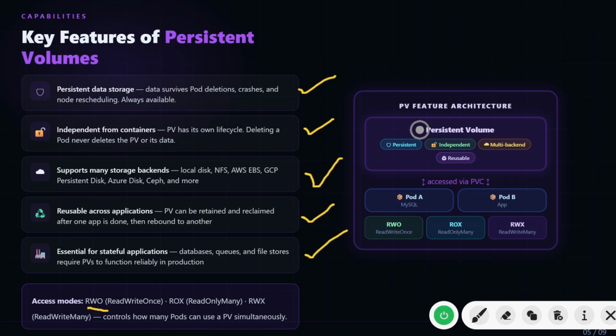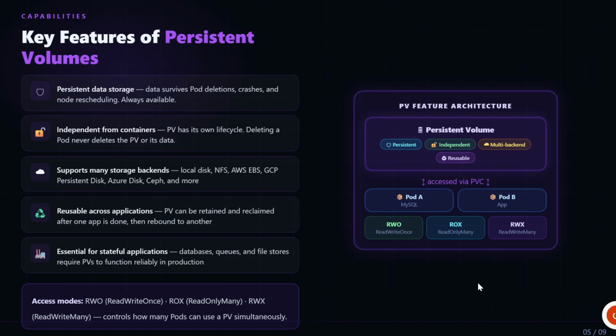Now this is an overview of the points we have covered: persistent volume features are persistent data, independent, multi backend, and reusable across applications or pods. It can be accessed via the PVC, and the persistent volume claim is attached in the pod. And as I said, these are the modes: read write once, read only many, read write many. We'll be seeing that in the upcoming video.